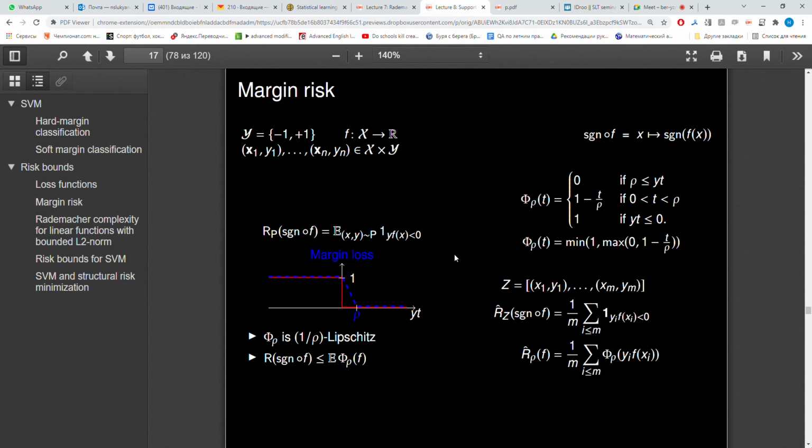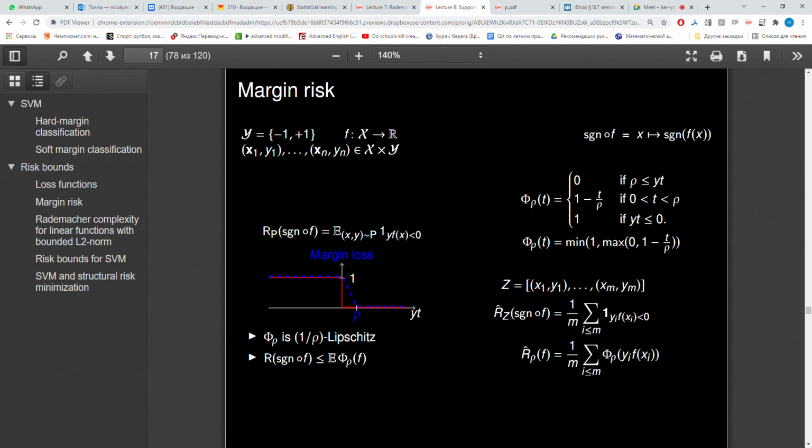So the first idea is to say that if we have some margin, in this margin tube, we can use not the simple binary classification loss function, but a loss function which will be, first of all, continuous, and even 1 divided by r Lipschitz.